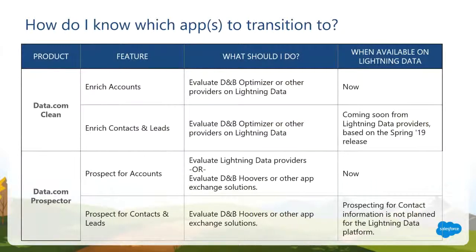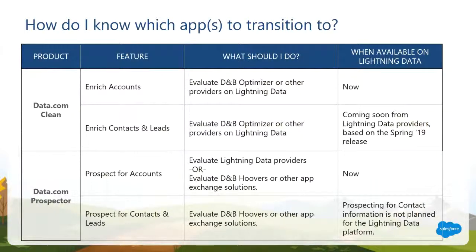And as you might imagine, all of the Lightning Data partners have programs, and they're looking to this opportunity with data.com customers, and they have their own transition plans. But of course, wouldn't be leveraging the DUNS numbers. And so that's generally available today. Already great success with early customers transitioning over to Dmv Optimizer and other Lightning Data solutions.